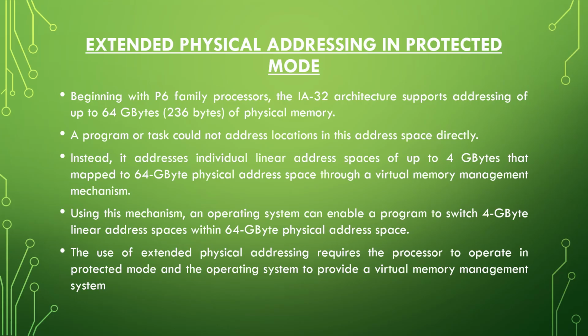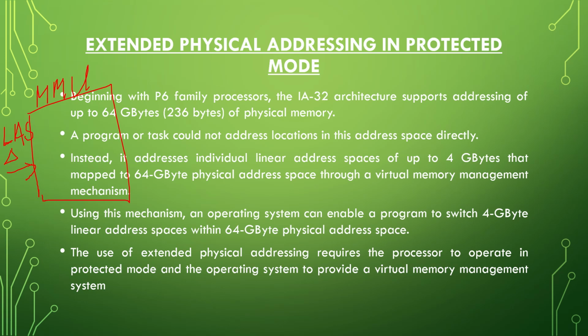So what it is telling is, whenever we try to access memory, there will be a memory management unit. Initially we have 4 GB of memory, that is the linear address space. Let this be the linear address space.